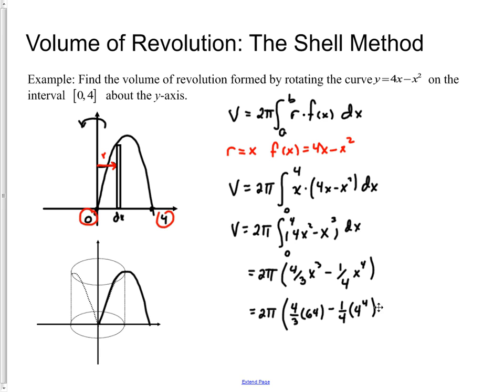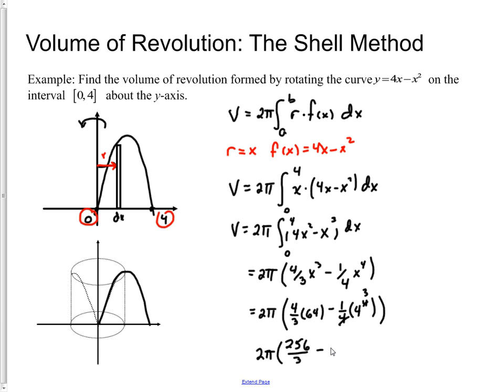We can simplify that a little bit. 2 pi is going to be multiplied by 4 times 64, which is 256, thirds. And we're going to subtract from that 1/4 of 4 to the fourth, well, that's 4 to the third, right?